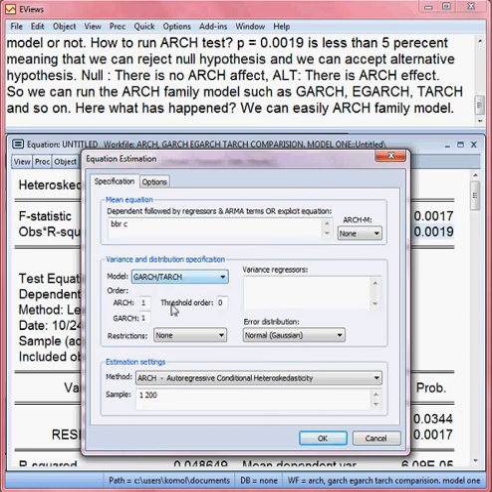Suppose first I run the ARCH 5 model, meaning I make GARCH 0 here and ARCH 5, that means 5 ARCH and 0 GARCH, and I choose normal distribution.